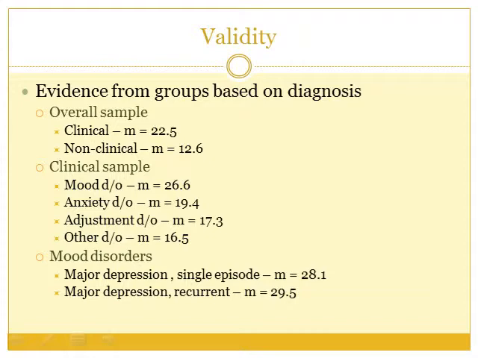Secondly, the mean of clients with diagnosed mood disorders was higher than individuals diagnosed with anxiety and other disorders. Finally, means of the most depressed individuals in the standardization sample were the highest of all diagnostic groups and at or near the severe range of depression.